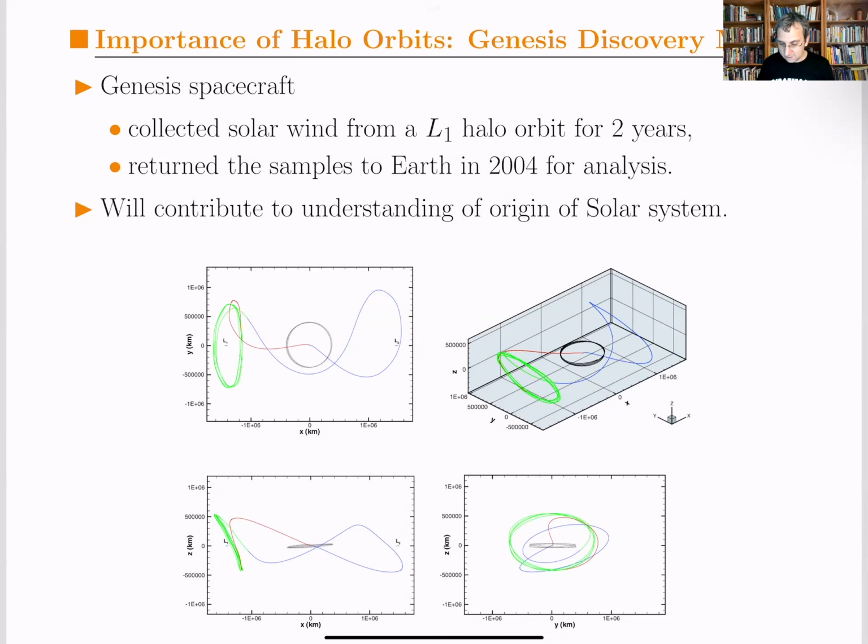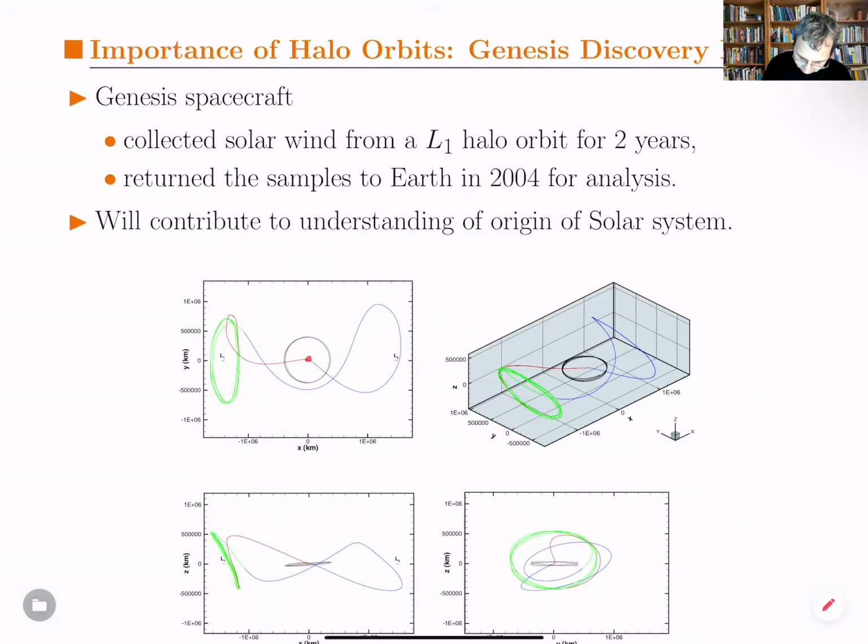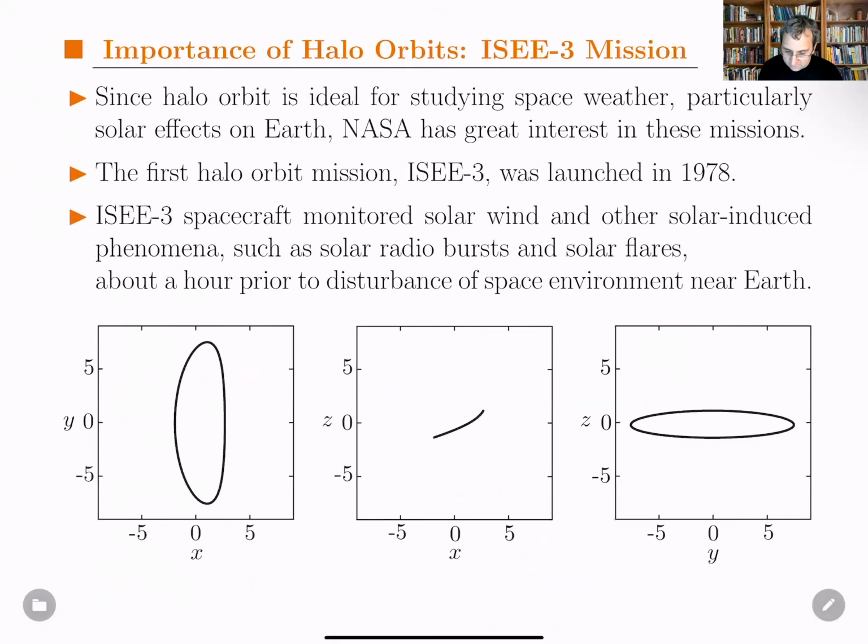This was a pretty large halo orbit, a transfer from low Earth orbit, and you get a natural transfer if you go on the stable manifold, this red segment here. This is the Earth, and this is the segment going to the orbit, and then it gets on the orbit naturally. So you get several 2D views and then a 3D view.